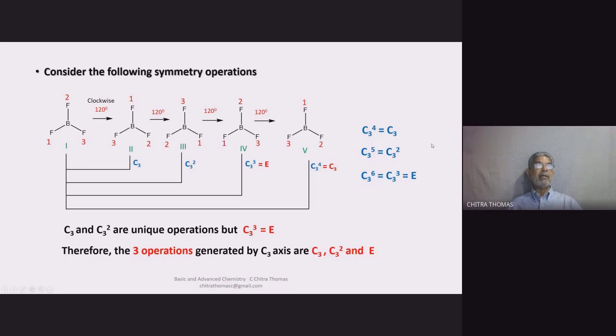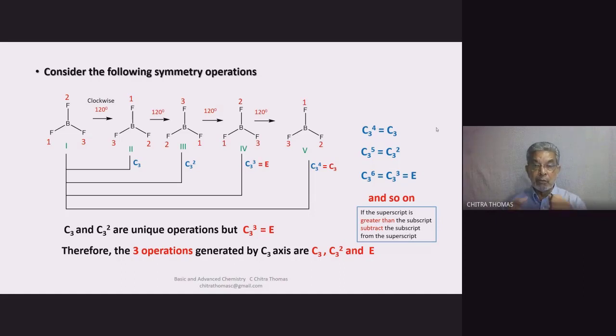Whenever the superscript is greater than the subscript, to simplify that, you simply subtract the subscript from the superscript. So C3 to the fourth will be C3 to the 1, which is C3. And C3 to the fifth will be C3 to the 5 minus 3, which is C3 squared. What about C3 to the seventh? That will be C3 to the fourth, which will be C3, and so on.